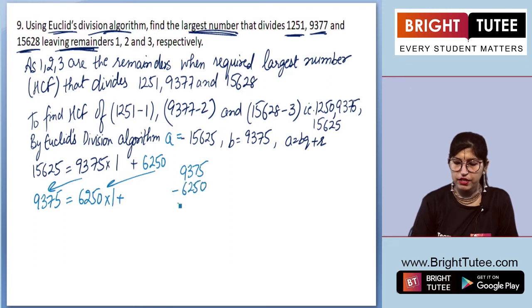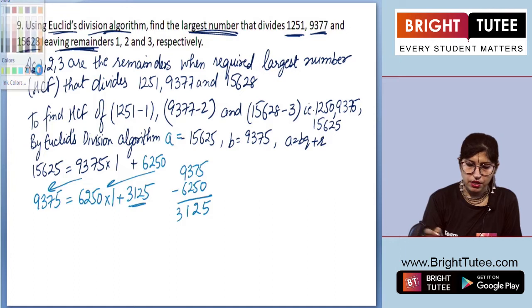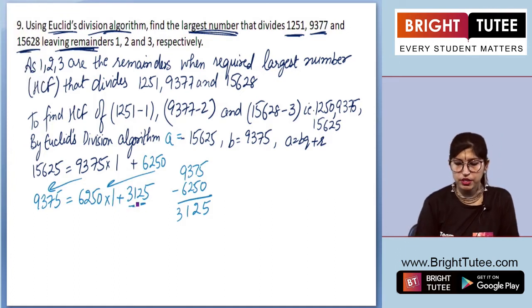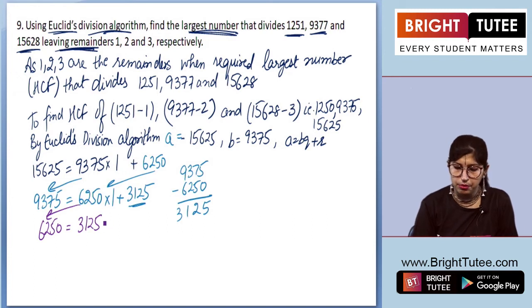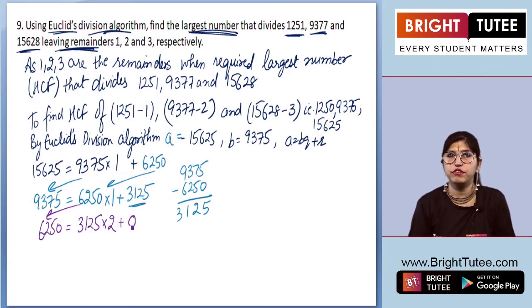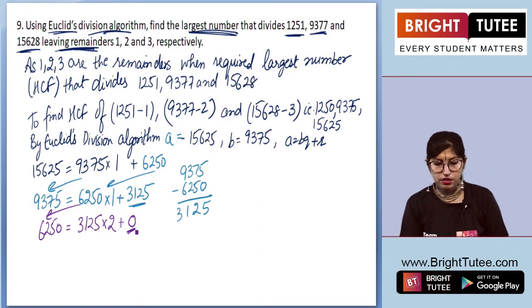Subtracting 6250 from 9375, we get 3125. Again we shift, 6250 and 3125. If we multiply 3125 by 2, we get 6250, so the remainder is 0, and when we get the remainder 0, we stop our further process.